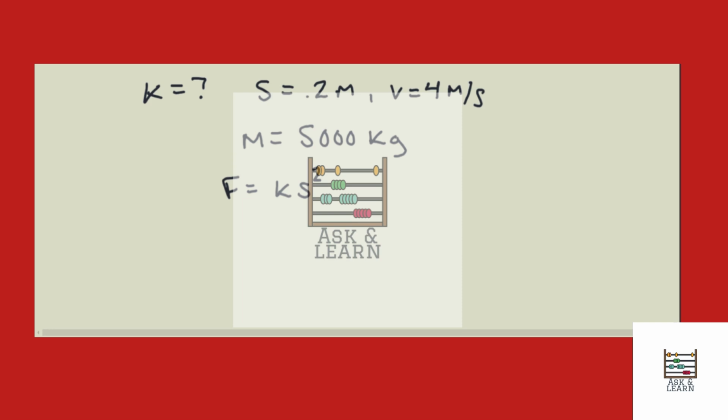And just looking at this equation, we know that the force will vary depending on what the value of S is. So since we're dealing with forces and distance, we know that we're dealing with work, because work is force times distance. And we're given velocity, so we can use kinetic energy, because kinetic energy deals with movement.